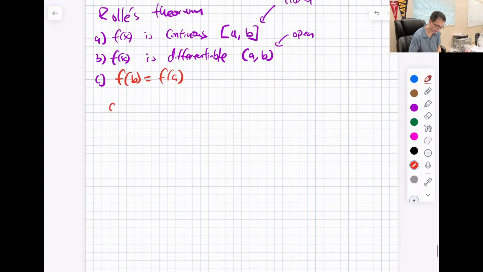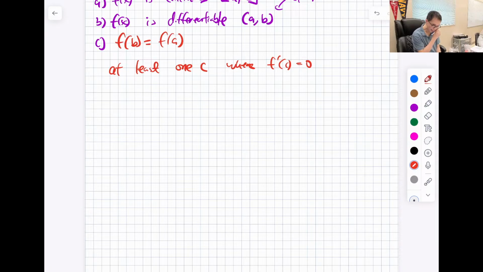What it says is there's at least one C where f prime of C is equal to 0. So there's at least one C. Well, why is that?